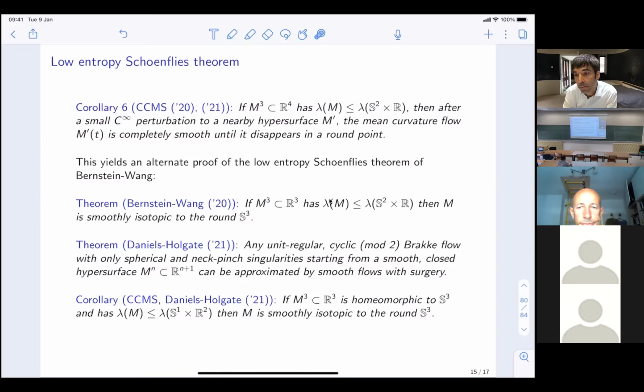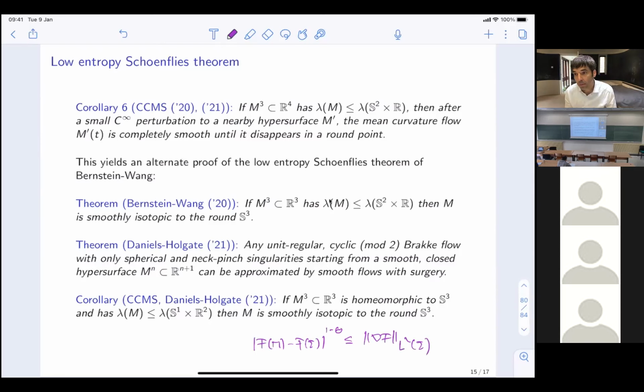Is this clear? But you see, Łojasiewicz says that F of the surface M minus F of Σ, to the power 1 minus θ, hope I don't make a mistake, is less than the L2 norm of grad F. But if you have another shrinker close by, being a shrinker means that term vanishes.